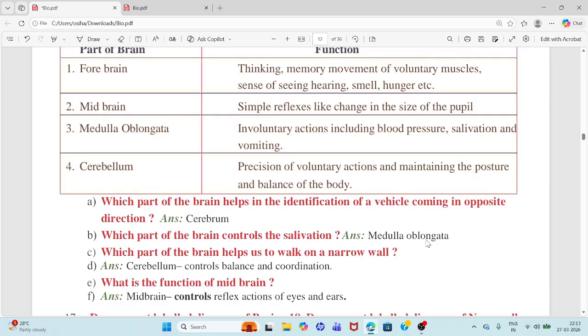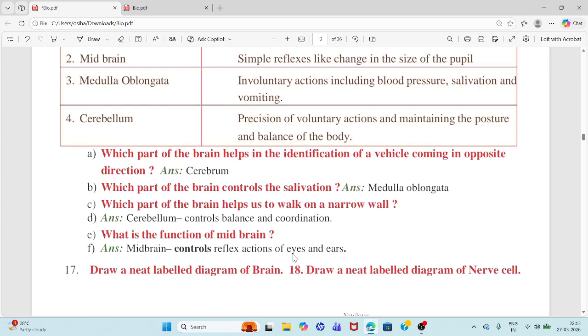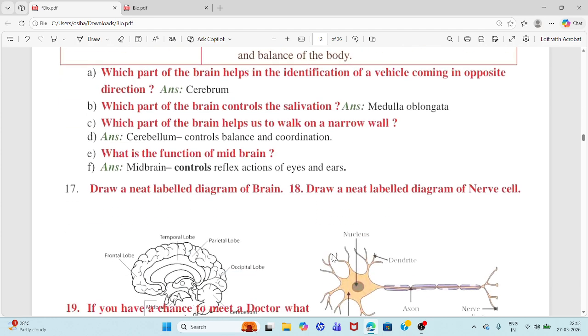Answer: medulla oblongata. C. Which part of the brain helps us to walk on a narrow wall? Answer is cerebellum, controls balance and coordination. D. What is the function of the midbrain? Simple reflexes like change in the size of the pupil; it controls reflex actions of eyes and ears.